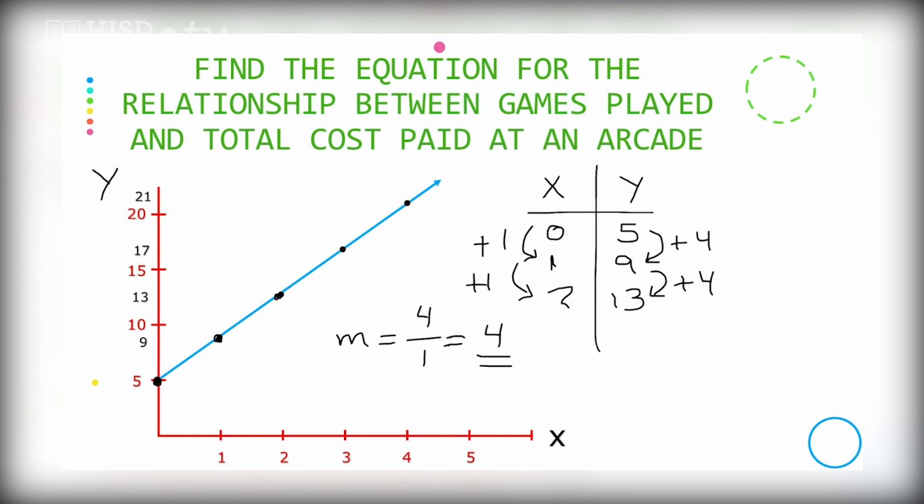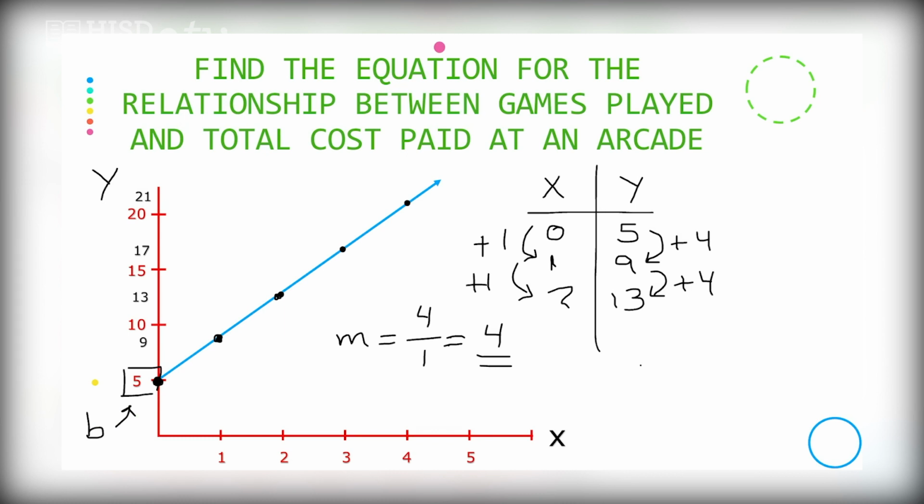And of course, b can be found easily on a graph because remember that b is the y-intercept. That means that is where the blue line touches the red y-axis. So that means that this point right here is going to be equal to b.